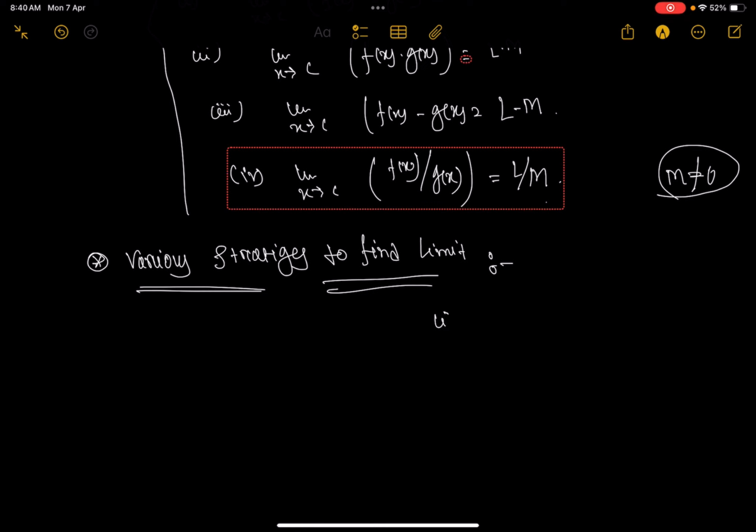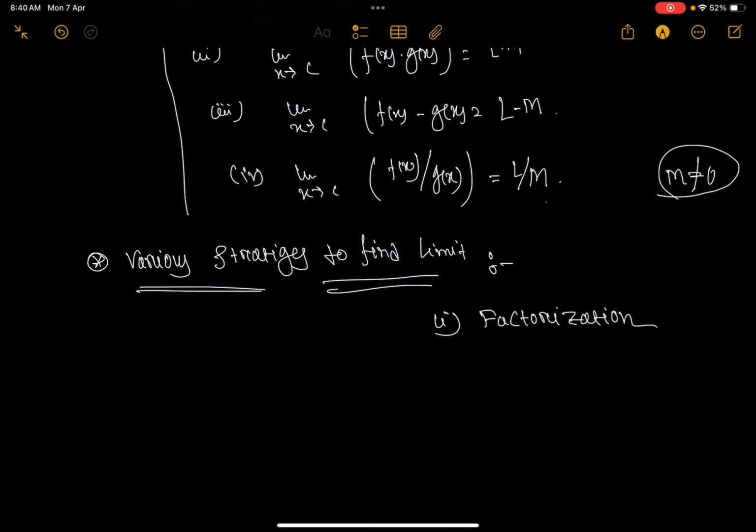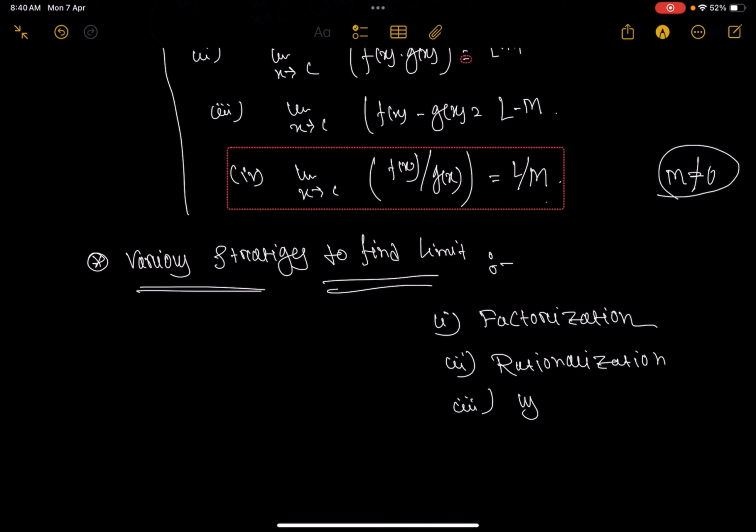First one, factorization. Second one, rationalization. Third one, using substitution.